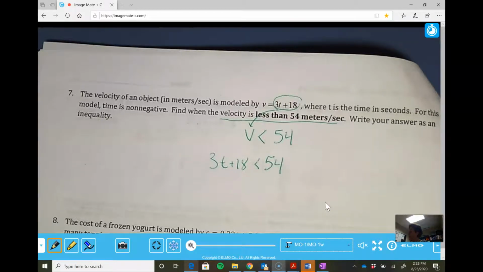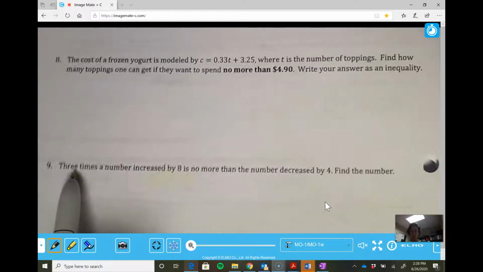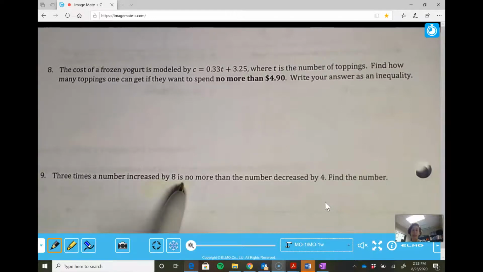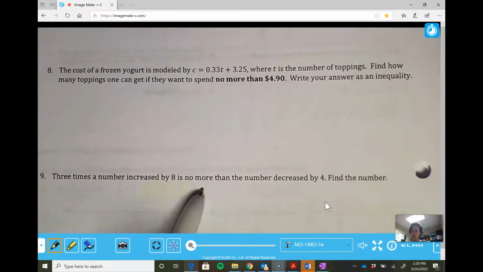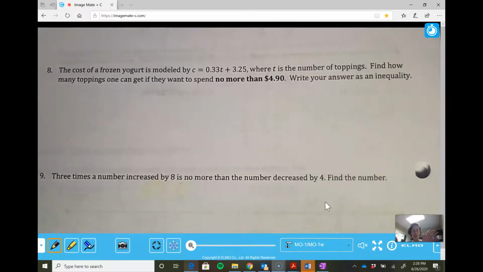All right? On 9, let's get this set up a little bit together. So 3 times a number increased by 8 is no more than the number decreased by 4. So this is a bit of a challenge.